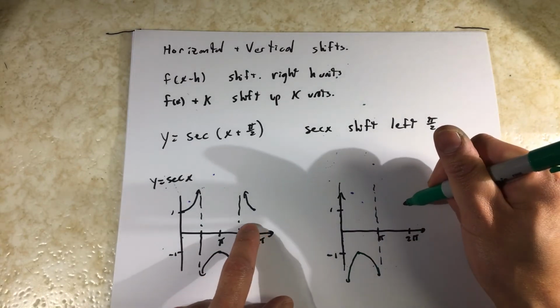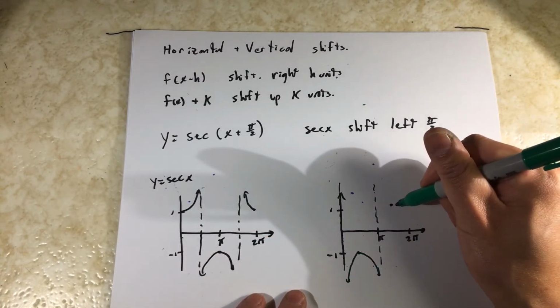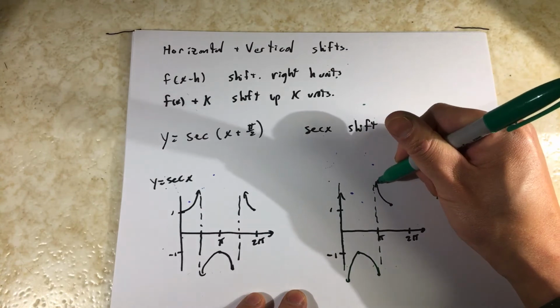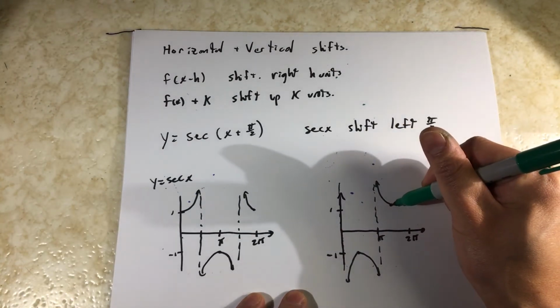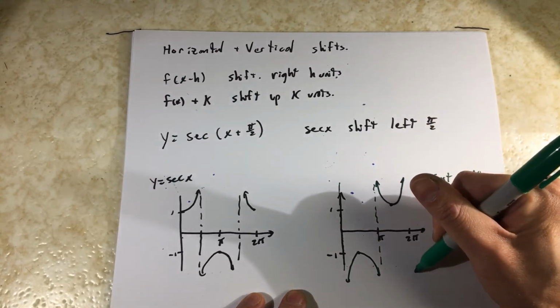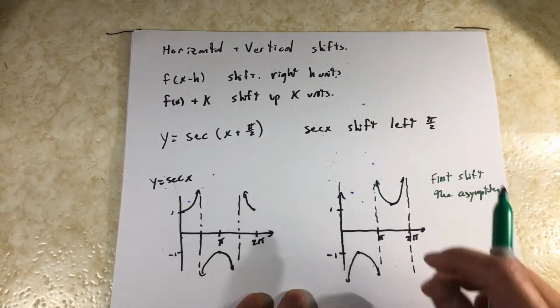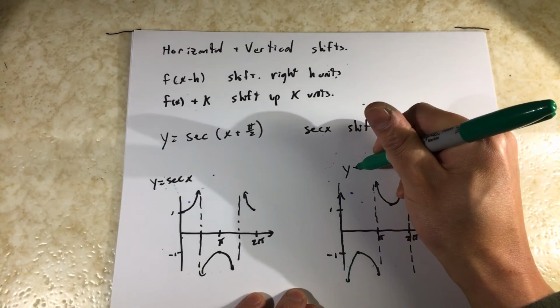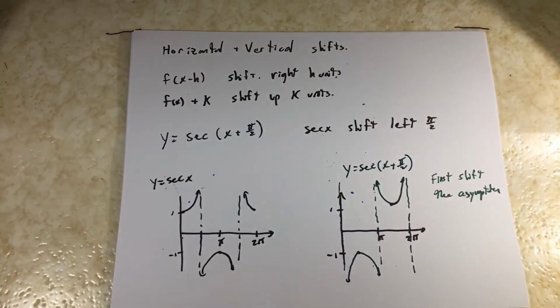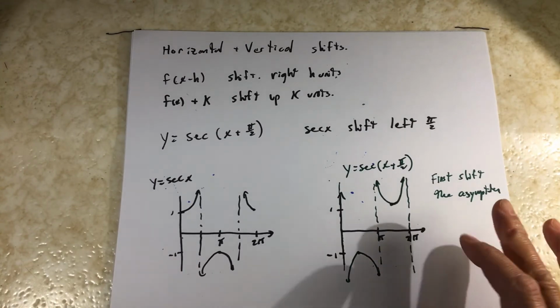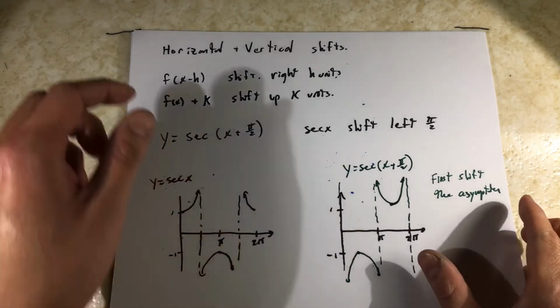And then we had a point at pi over 2 that's going to get shifted left over here, and that's going to be up like this. Now, we didn't draw that other part, but we know that this pattern is kind of like a happy, sad thing, and there's going to be an asymptote at pi over 2. So this would be the graph of y equals secant of x plus pi over 2. Okay, so that's how you would shift that left. So for these, shift the asymptote first.